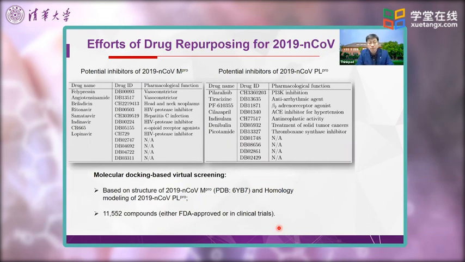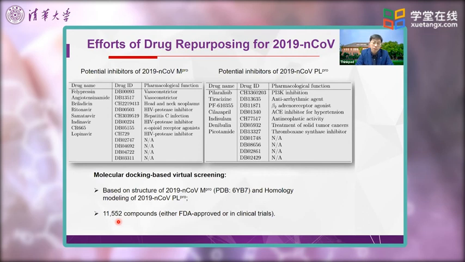Except for those compounds, there's a research group that published a preprint paper. It described using molecular docking-based virtual screening based on the structure of the novel coronavirus M-Pro and PL-Pro. The library consists of more than 11,000 compounds.